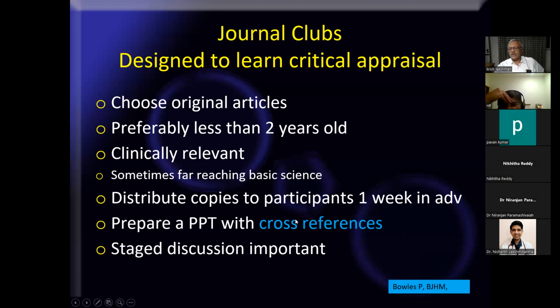It's not that you read only that particular journal; to put its results in context and perspective, you need further reading of similar articles. That is the primary responsibility of the presenter. Of course, the moderator will help them find such articles, because youngsters doing it for the first, second or third time may not be aware of the kind of article they should be looking for. That's where the moderator's role comes in.